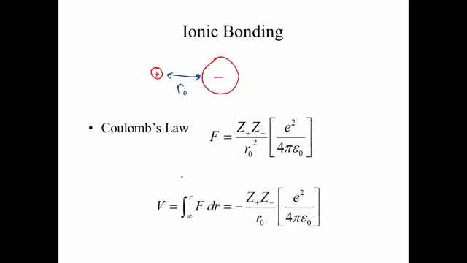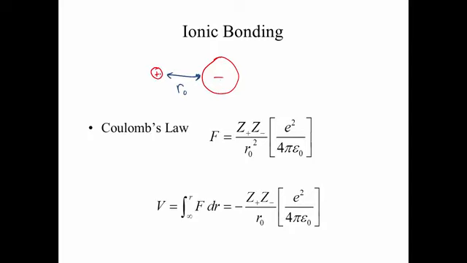The energy or voltage or potential of that attraction is integrated over the distance, and so this energy is going to be negative relative to the free particles, in terms of the charges divided by the distance to the first power. So this would be a simple model of attracting a positive to a negative.